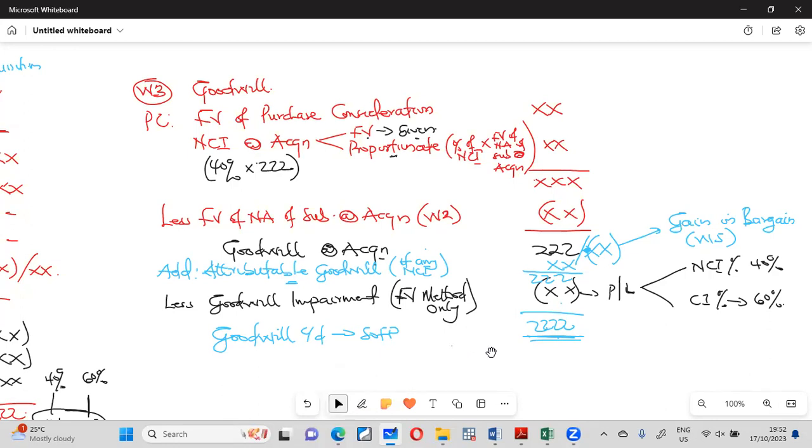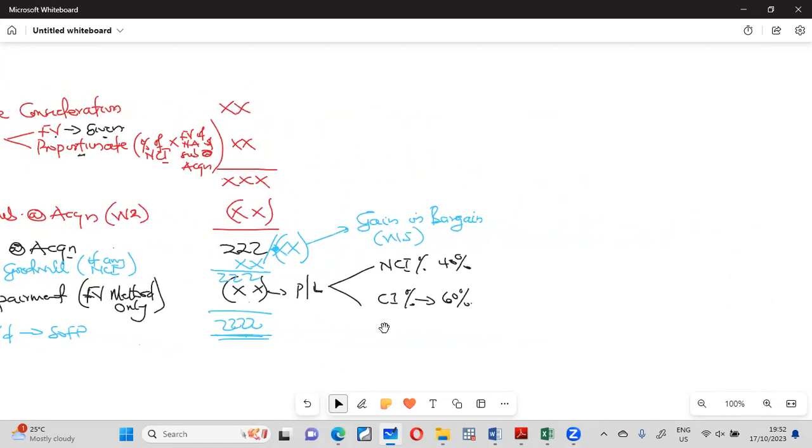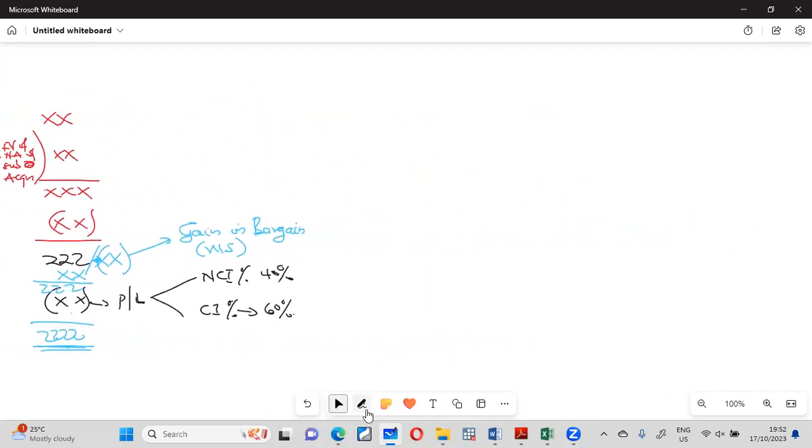All right, so now let's go to our workings 4, which is our NCI. Try and remember these things so that when we start the computation, you'll be able to apply them. So now we go to the NCI computation. How do we do NCI?